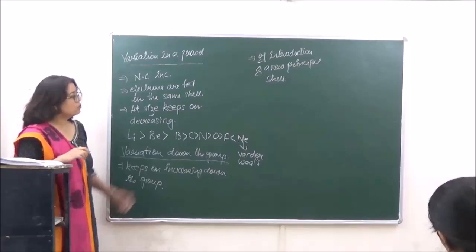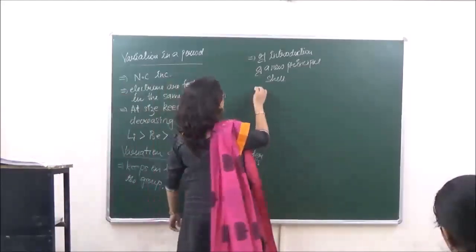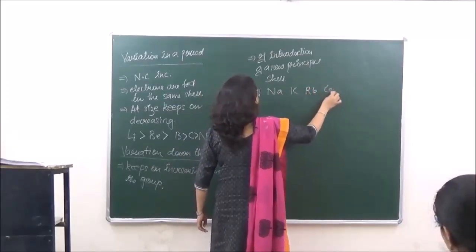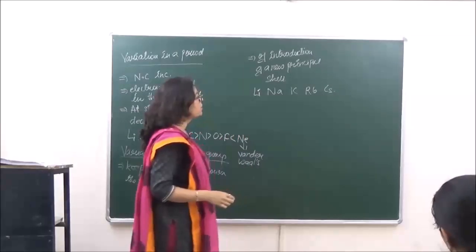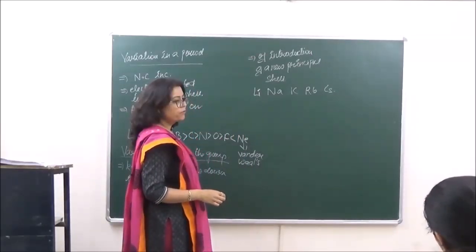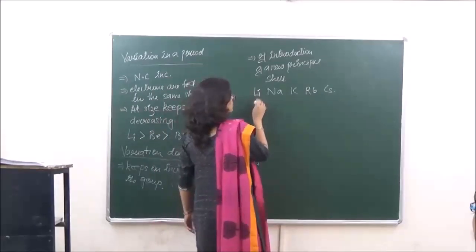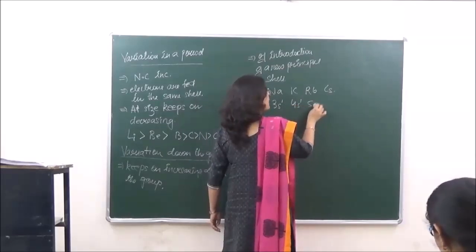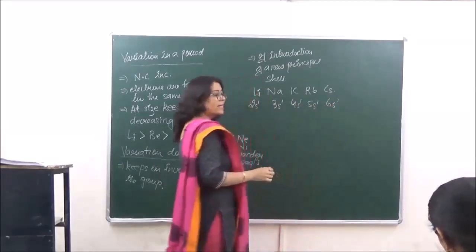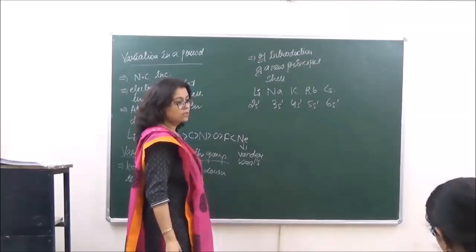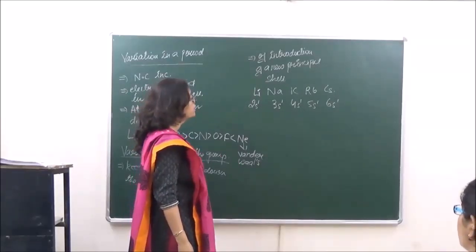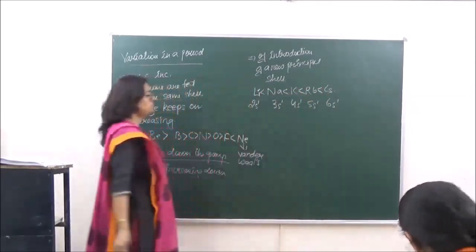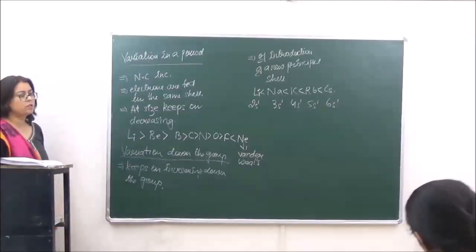So if we're going down the group, in case of alkali metals, we have lithium, sodium, potassium, rubidium and cesium. Francium is radioactive, so let's not study francium over here. From lithium, we are filling up 2s1, 3s1, 4s1, 5s1 and 6s1. As we are introducing a new principal shell, the size will also increase.